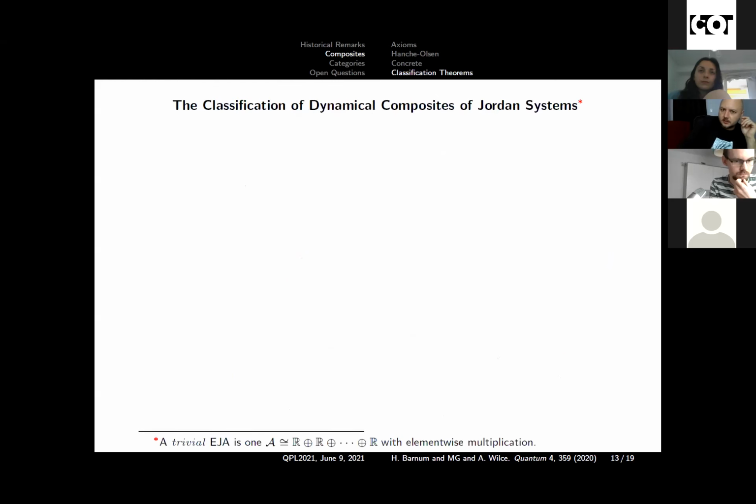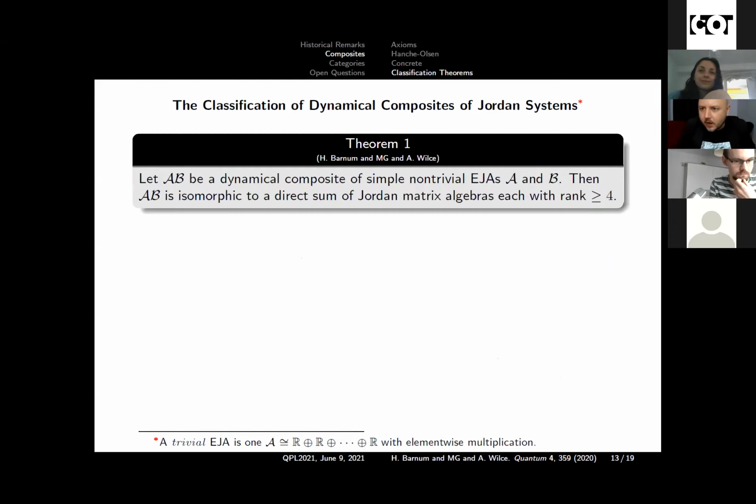I'm going to skip these details and just go to the classifications. Theorem 1. If AB is a dynamical composite of simple, non-trivial Euclidean Jordan algebras, where by non-trivial I mean that they are not isomorphic to a direct sum of one-dimensional trivial Jordan algebras, then it's isomorphic to a direct sum of Jordan matrix algebras, each with rank bigger than or equal to 4.